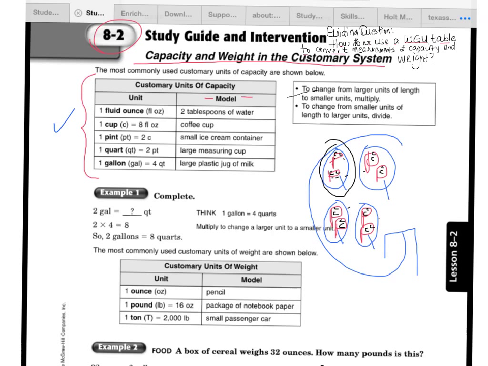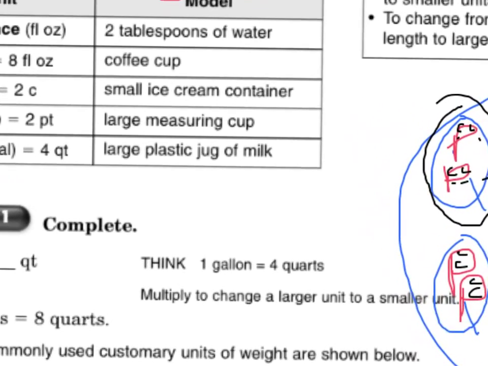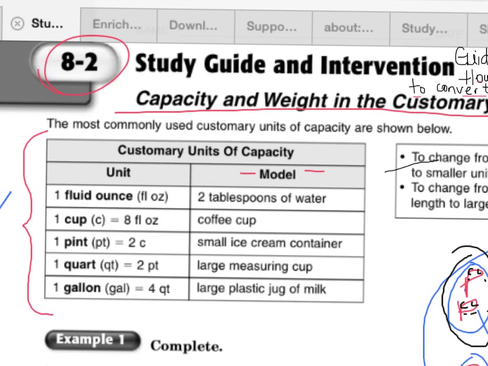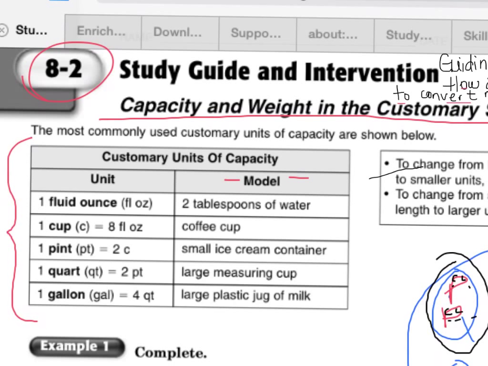If you think about the word cap in capacity, cap right here. If you wear a cap on your head, it's on your head. If you turn it upside down, you can put stuff inside it. That's capacity.